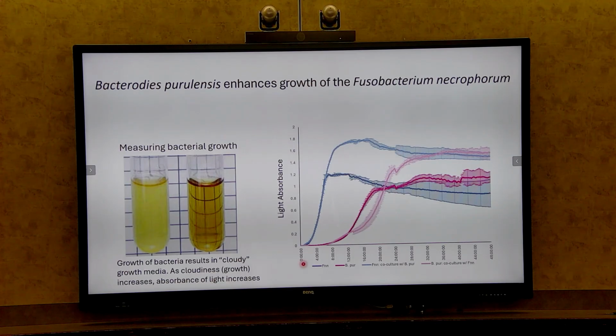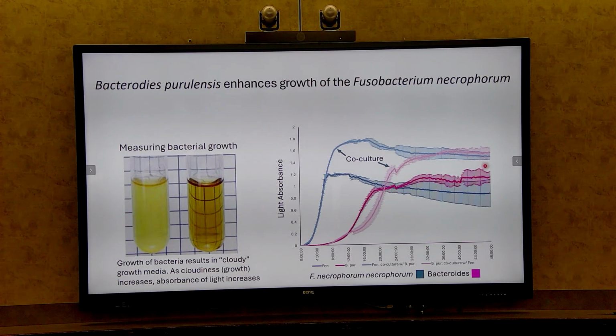So what does this graph show? In the blue is our growth of Fusobacterium necrophorum. Down here is Fusobacterium necrophorum growing alone, and the light blue is when it's growing in co-culture with Bacteroides.